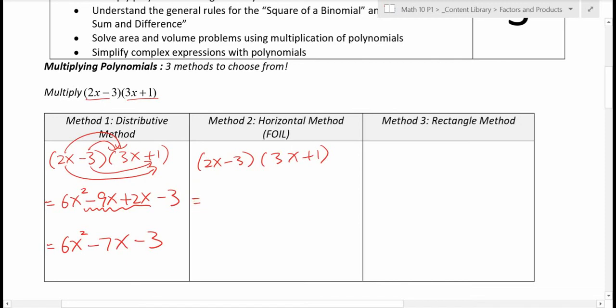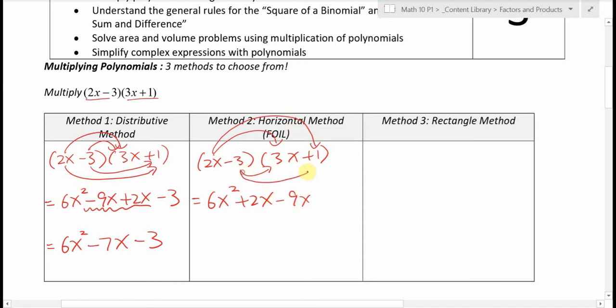Anyways, it's very similar to the first method. It's just the order in which we multiply that is different. So you start off with 2x times 3x. That's the F, first with the first, that's 6x squared. O stands for outside, so 2x times 1, which is 2x. I stands for inside, so negative 3 times 3x, that's negative 9x.